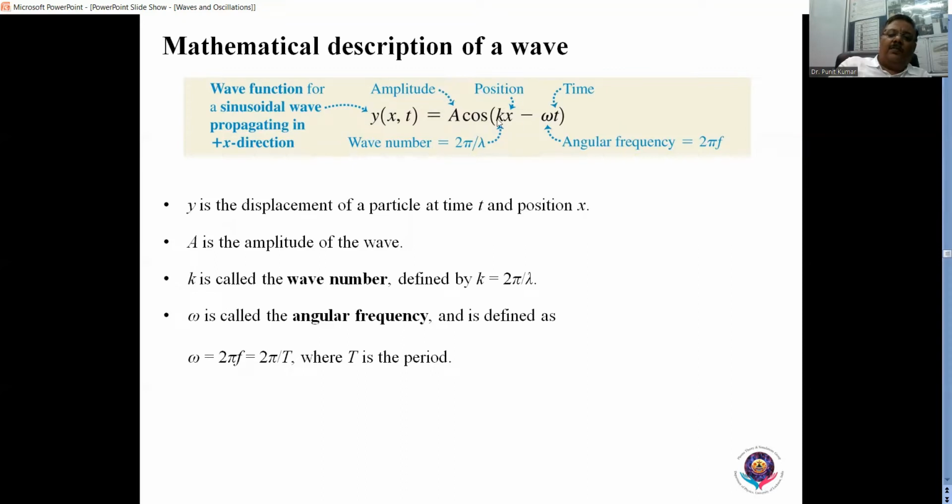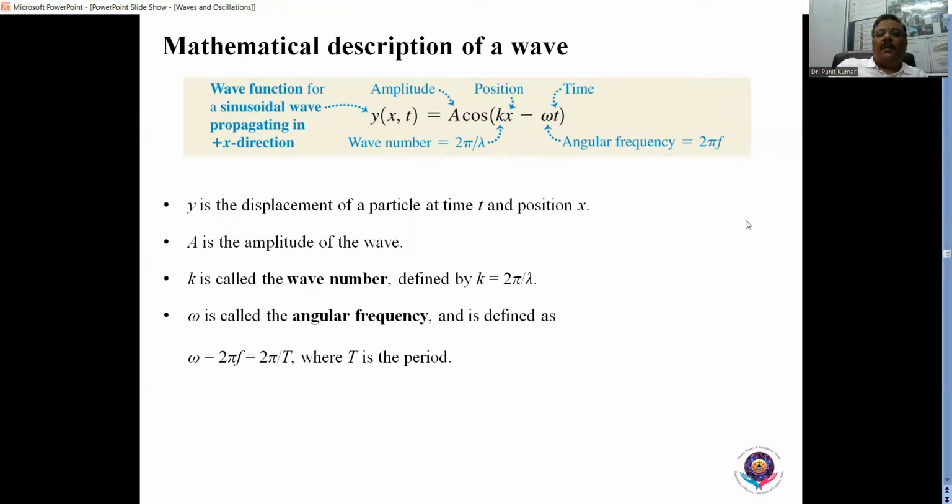It consists of two parts, one dependent on space, the other dependent on time. The wave number, or propagation constant, k has the value 2π/λ, and the position term denotes the direction of propagation. That means that this wave is propagating in the x direction.